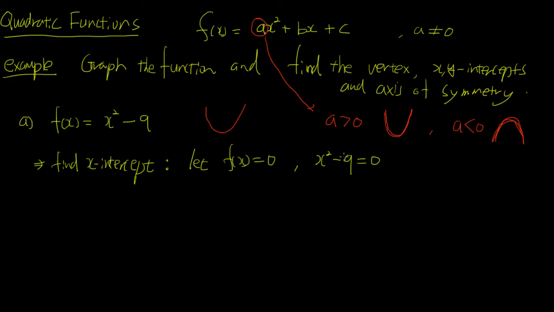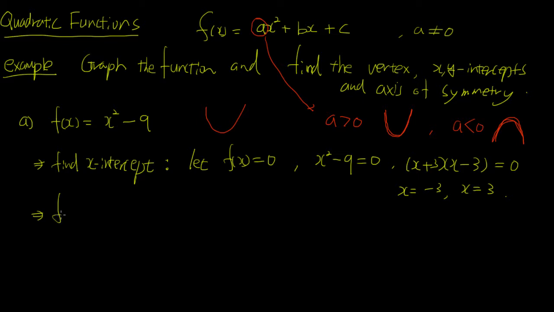Now 9 is 3 squared, so we can solve this as x plus 3 times x minus 3 equals 0. When do we have this equal to 0? When x equals negative 3 and when x equals 3. So these two are going to be our x-intercepts.